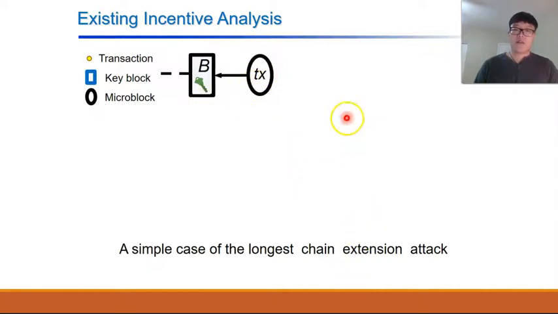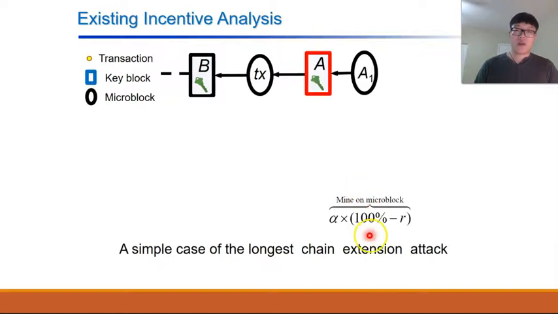First, if the adversary follows the protocol and happens to produce the next key block on this macro block, it will win 1 minus R fraction of the transaction fee.